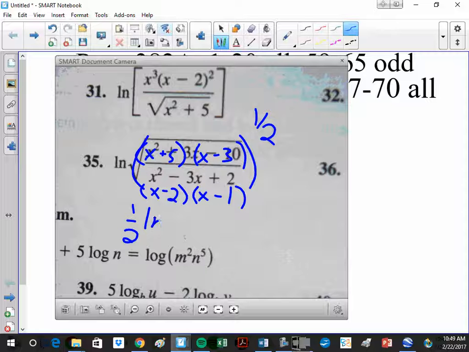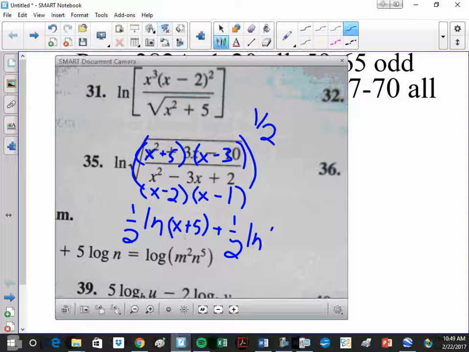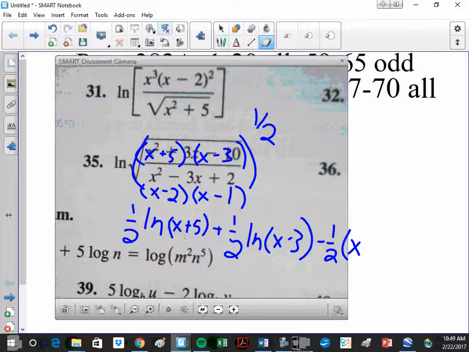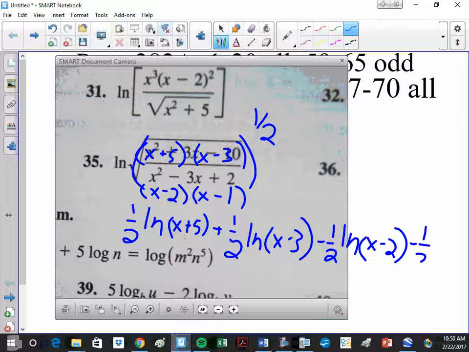So we have ln of x plus 5, 1/2 ln of x minus 3 minus 1/2 natural log of x minus 2 minus 1/2 the ln of x minus 1.